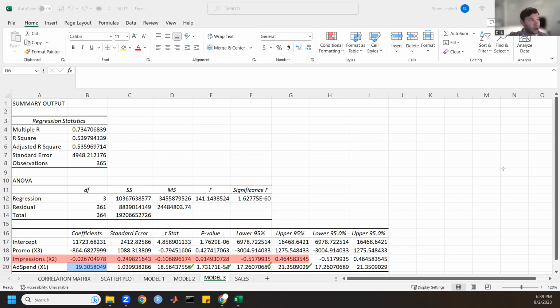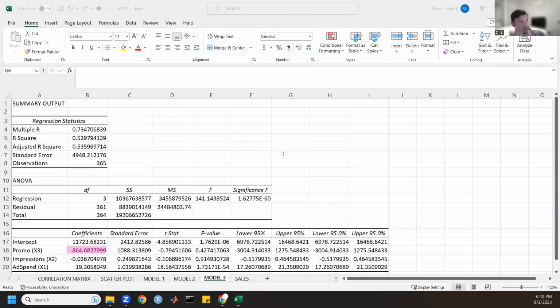Now, the promo variable here is an interesting one because it can only take on two values. It can only be 0 or 1. So the way we interpret the coefficient is going to be a little trickier. And what does the coefficient generally tell us? Well, that tells us if x goes up by 1, how many units y goes up. And meaning, if x goes up by 1, well, what's promo?